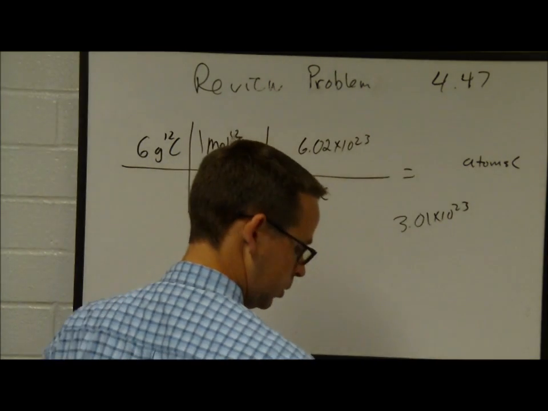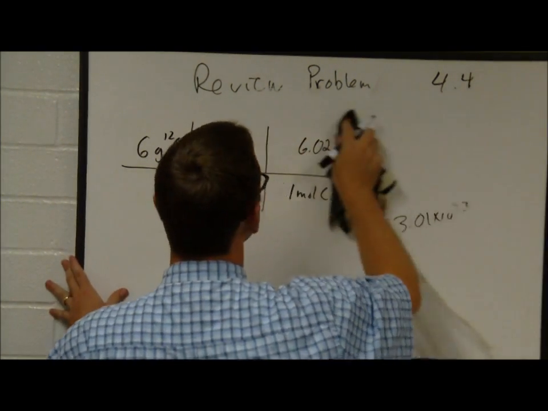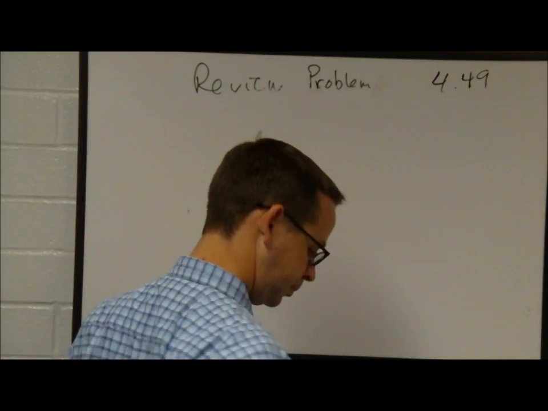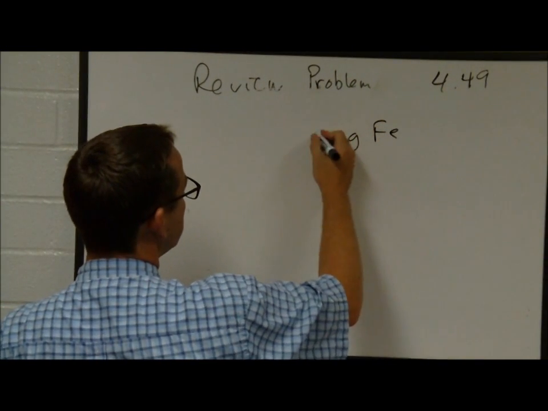Okay, 449. Determine the mass in grams of each of the following. 1.35 moles of iron.